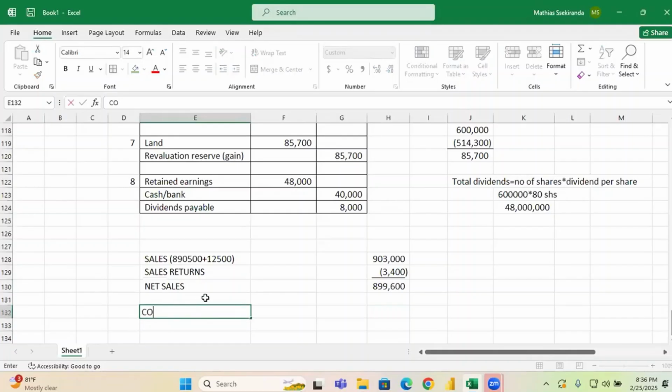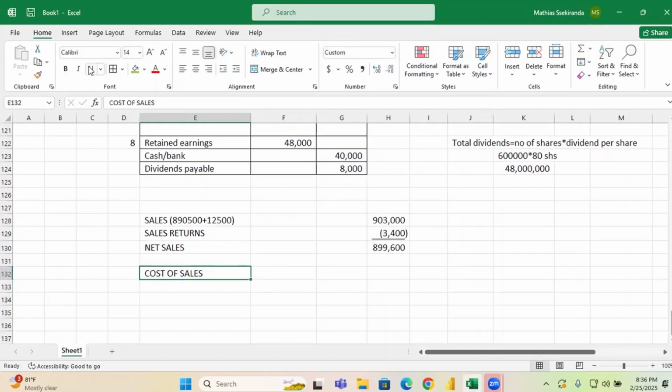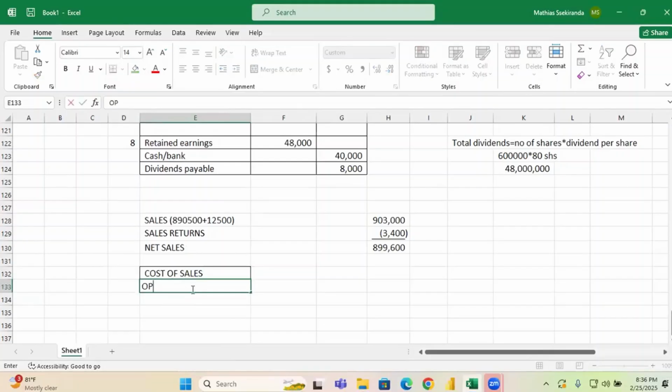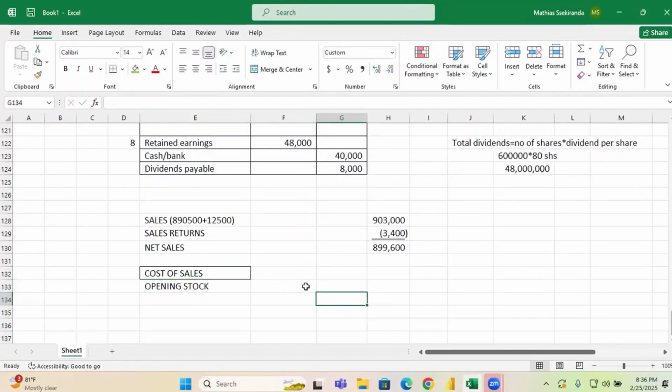Then we go to cost of sales. I'm a bit speedy here because we have done the same format this very class. Okay? And we need to beat time. So we have opening stock that the examiner gave.